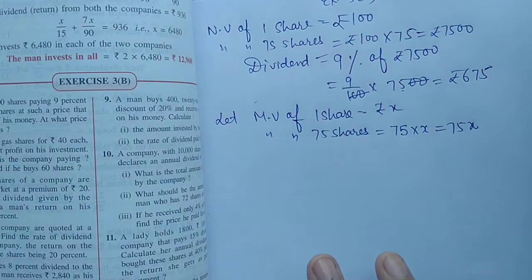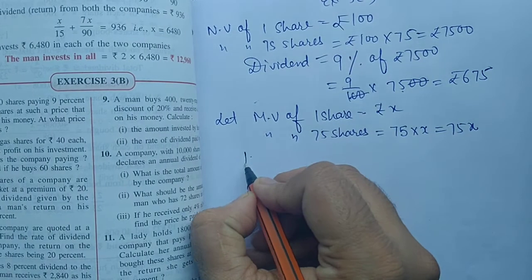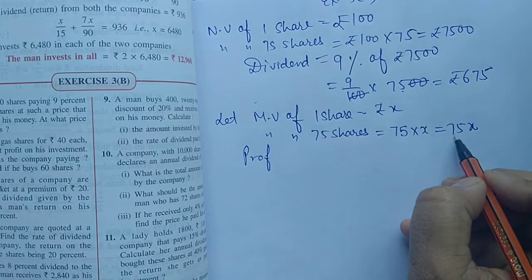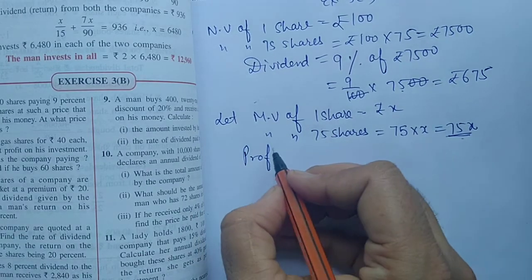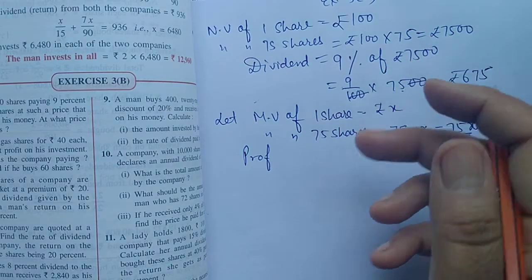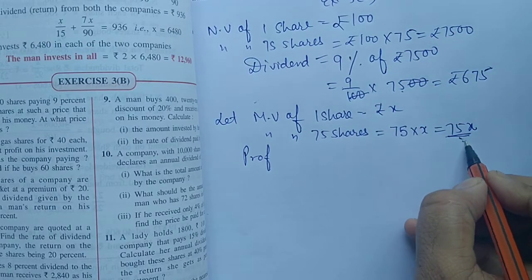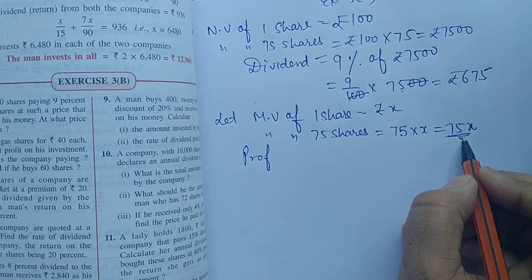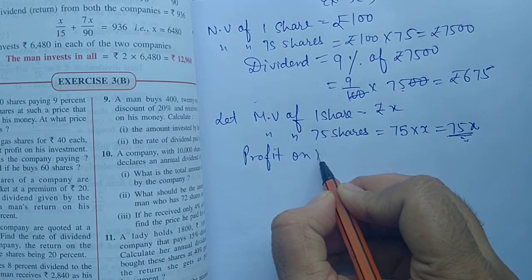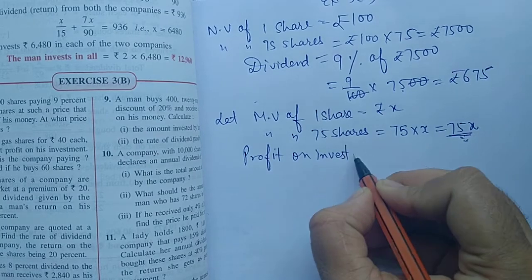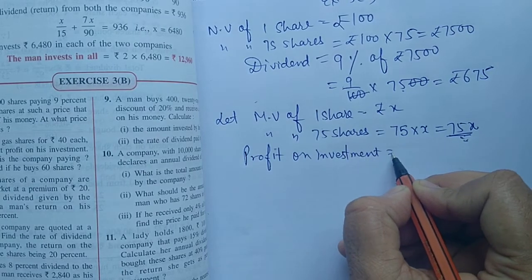Now profit on investment is 12%. This is the investment done by the shareholder. It was the previous nominal value. So we will take the profit from here. Profit on investment is equal to 12%.